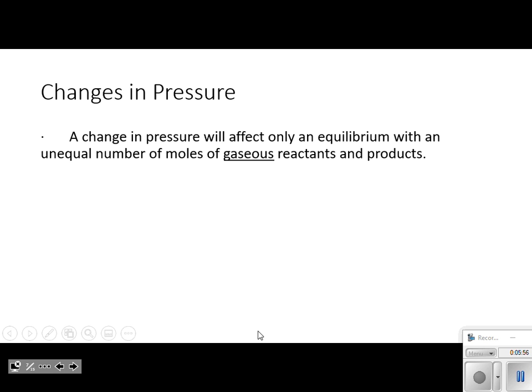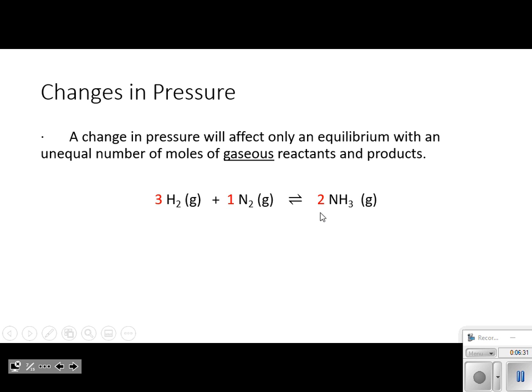What do I mean by that? Well, if I look at this equation right here, and I calculate my coefficients here, I see my reactant side has 3 and 1. So my reactant side has 4 moles of the gases. My product side has 2 moles of that gas. Are those unequal numbers? Absolutely. So pressure would affect this particular reaction.